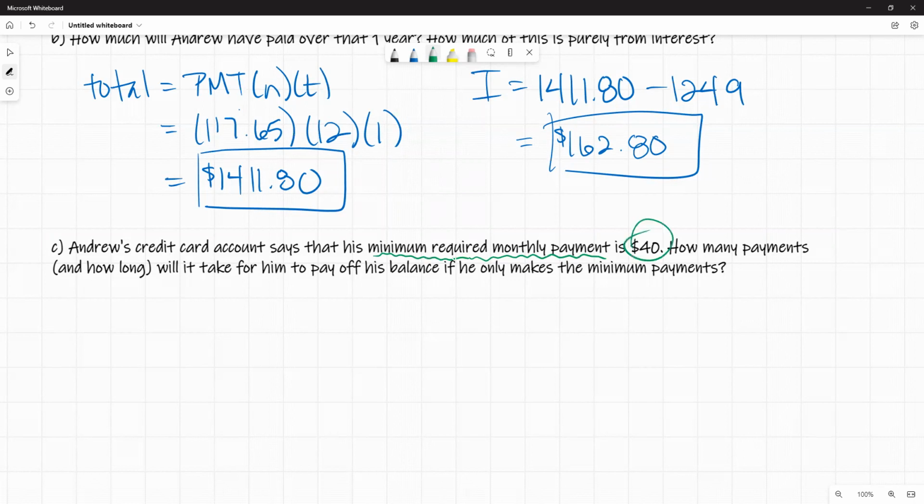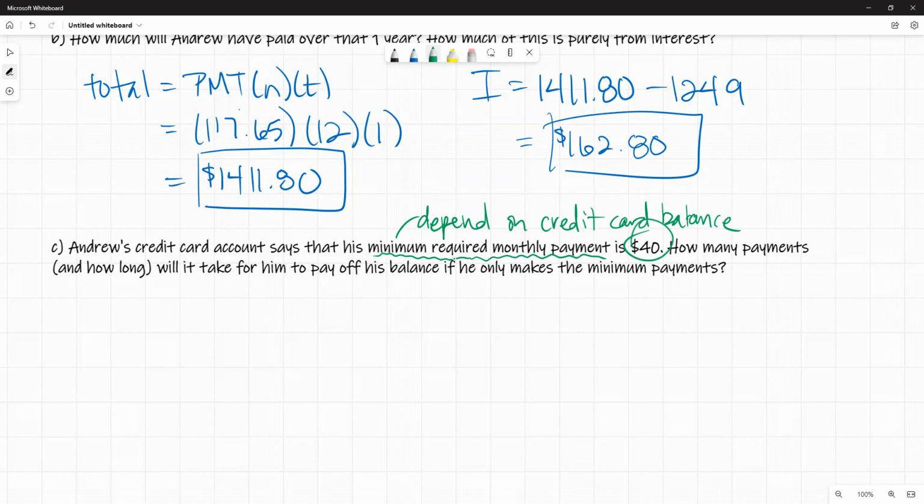That number will depend on how much you have, so the minimum payment depends on the credit card balance. You can pay as much as you want every month, but you need to at least pay us this much. Let's see what happens when you only make the minimum payment.